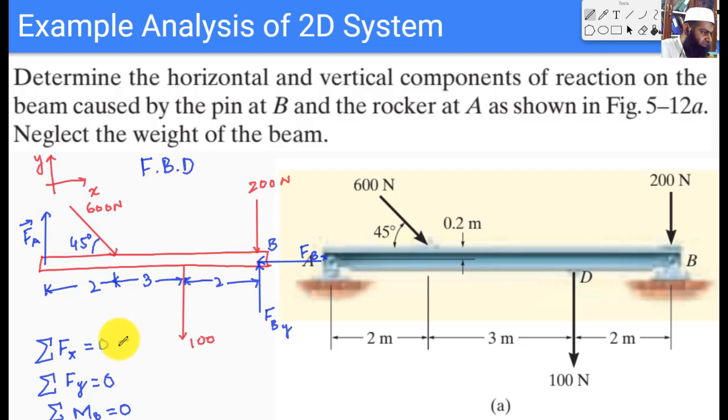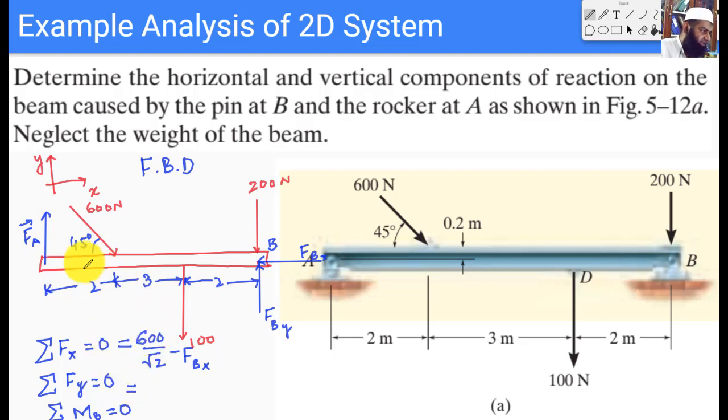So first of all, sum of all the forces in x. How many forces do we have in x? The first force is 600 divided by square root of 2, which is just the x component of this force, and we have a negative force which is minus FBX. That is our first equation.